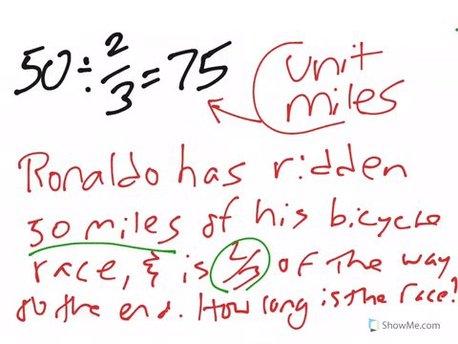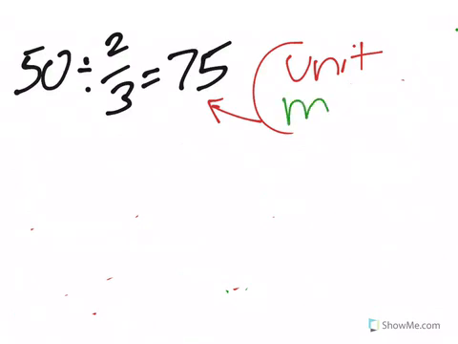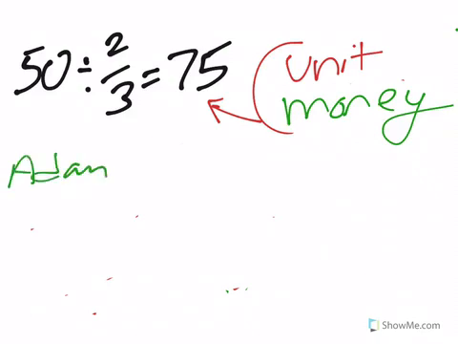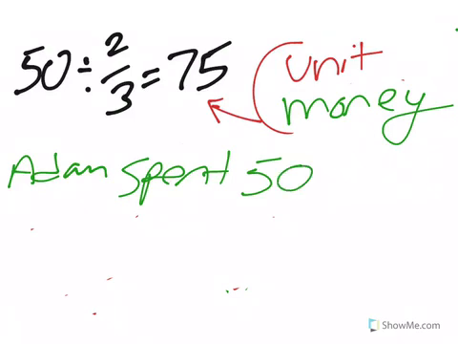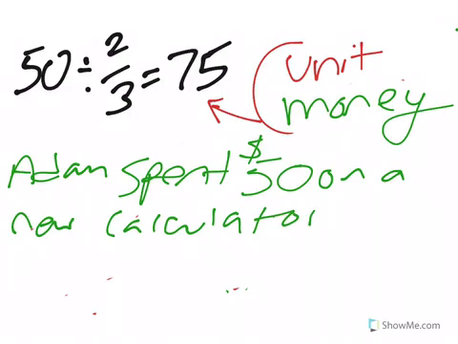Okay, let's look at a different way to write this problem. This time, let's go ahead and use money. We'll use green for money, right? We'll say that Adam spent $50 on a new calculator.